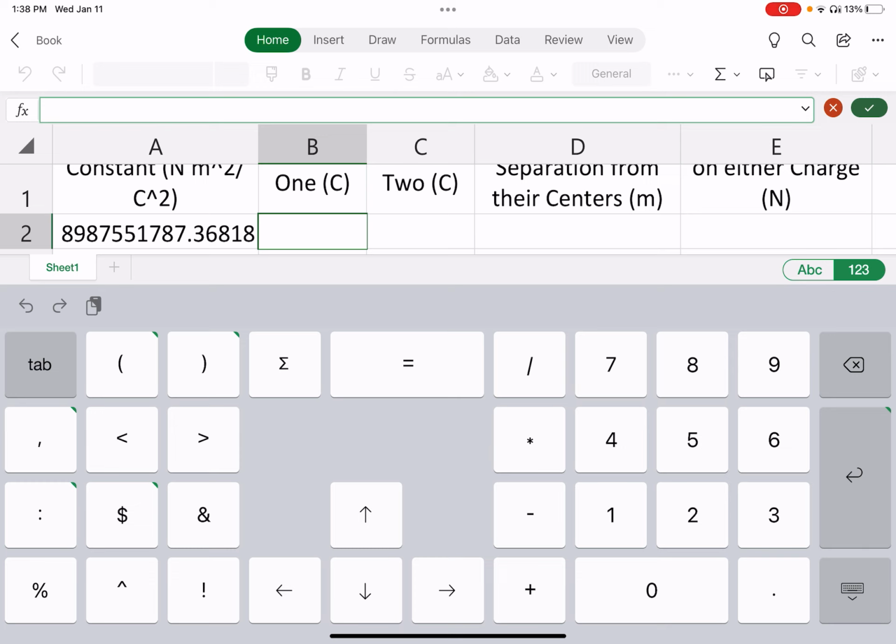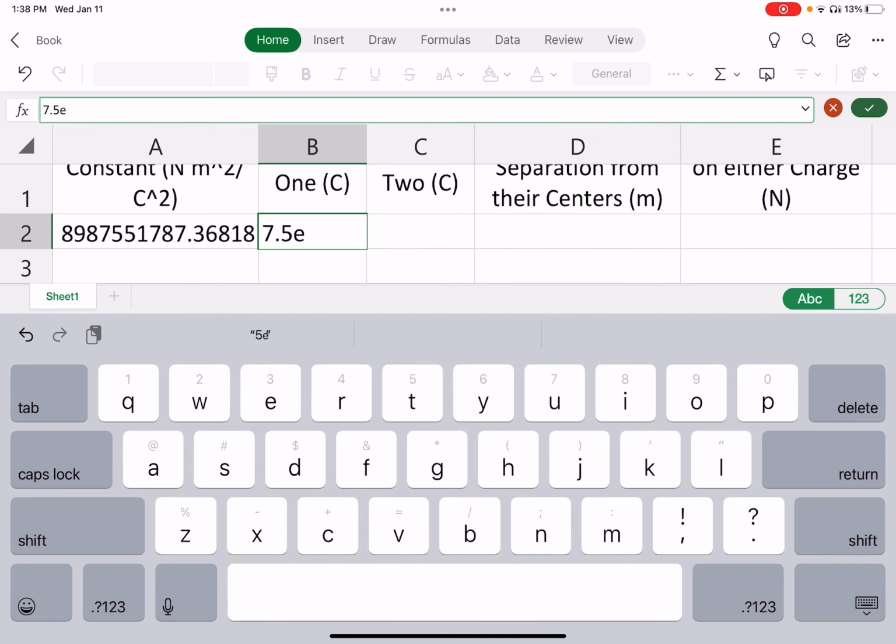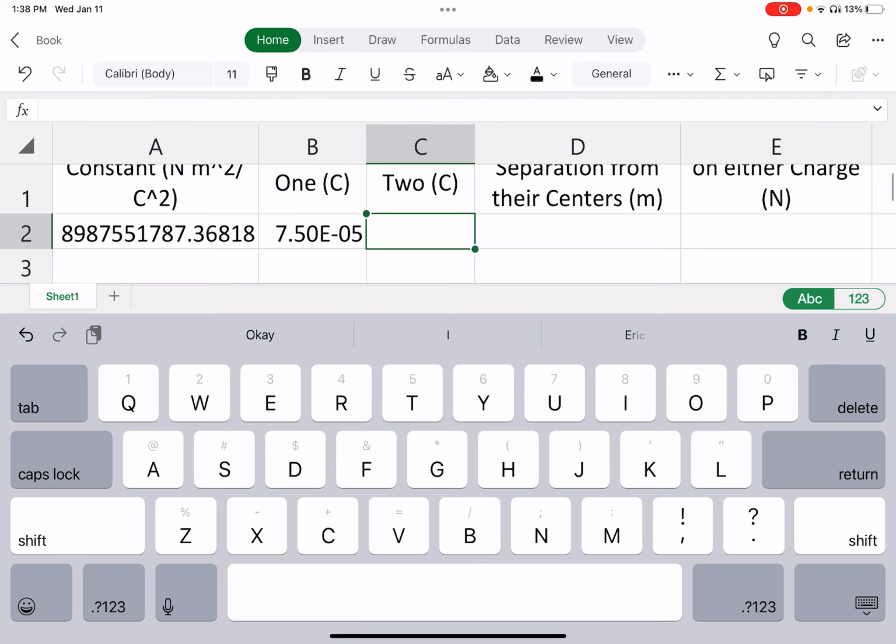So my particular charges, which should be different than yours, are E negative 5. And so this is scientific notation, just in case you guys don't know. It's not really scientific notation, but it's how we represent scientific notation, at least in Microsoft Excel and in many computer programs.